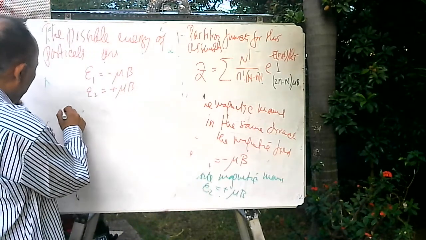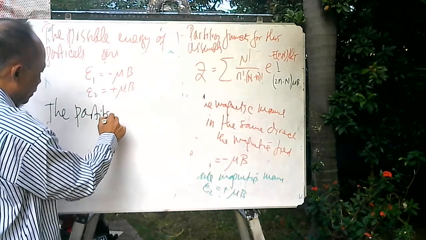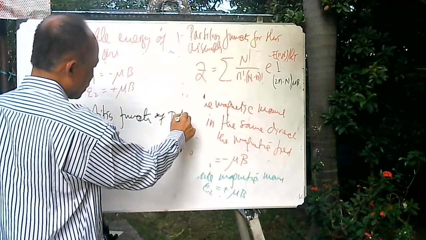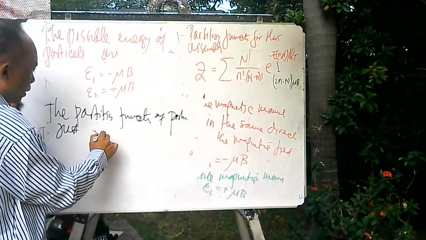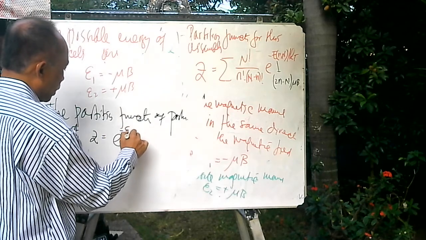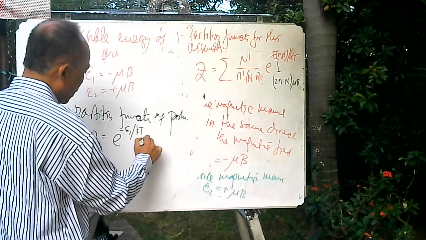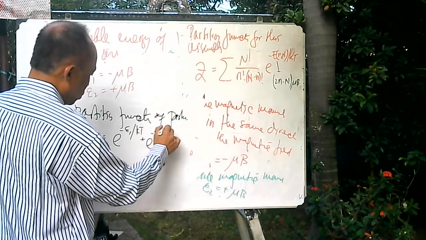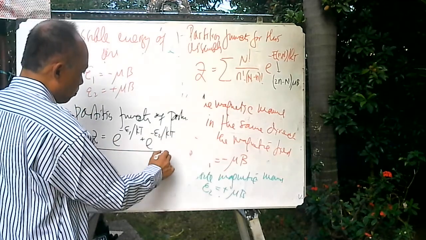So the partition function of particles is just small z equals exponent of minus epsilon 1 divided by kT plus exponent of minus epsilon 2 divided by kT. This is the simple equation.